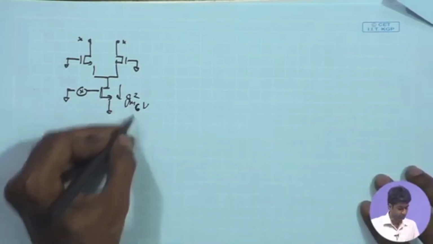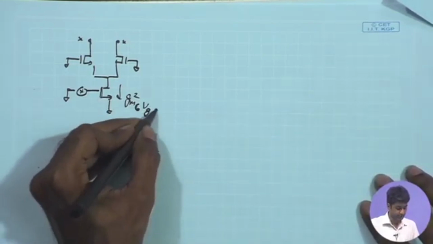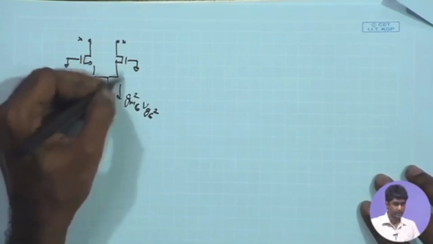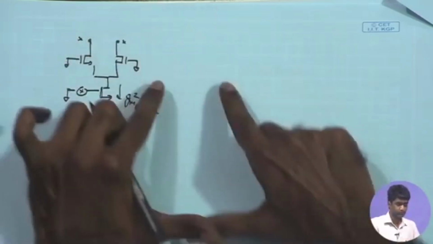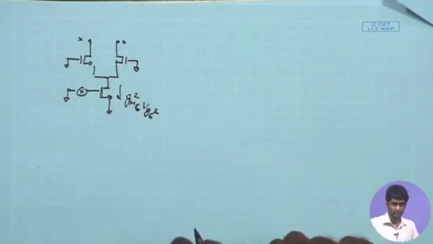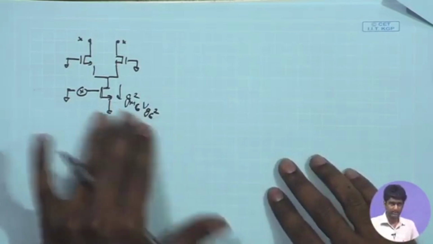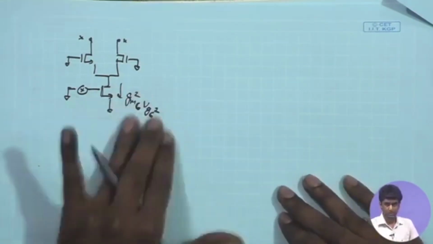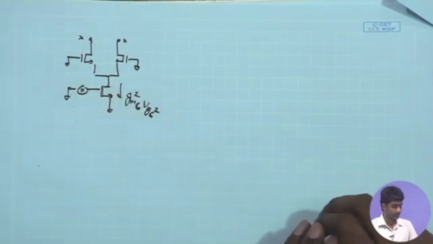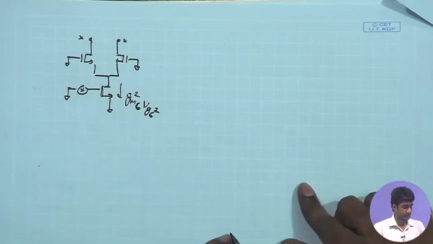This was M6. So GM6 square, VG6 square. That is going equivalently divided into the two branches and getting folded down. Therefore, these two sources are correlated, and when you take the differential output, it is getting cancelled. So its effect is not appearing significantly in the differential output. So we ignore the contribution because of this gate noise as well as the channel current noise.